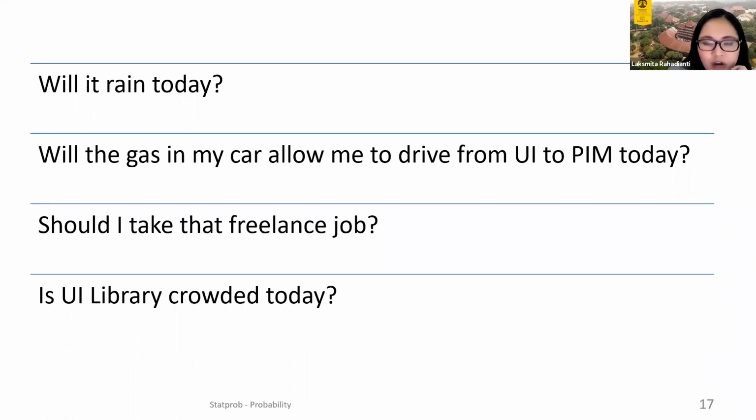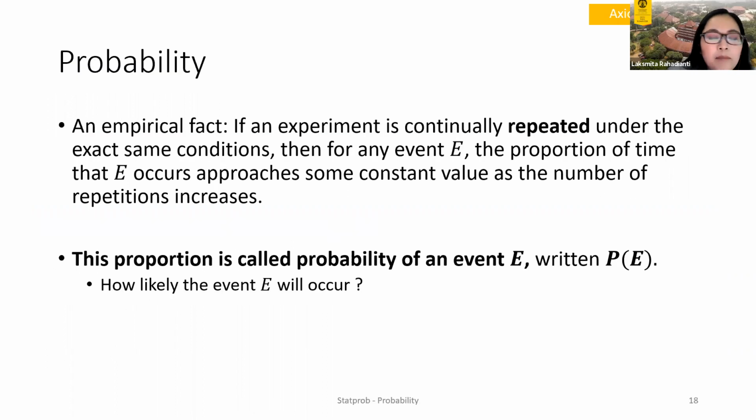So the definition of probability is based on this empirical fact. If I repeat an experiment enough times, if I do it over and over again enough times, the proportion of times in which an event occurs will approach some constant value.